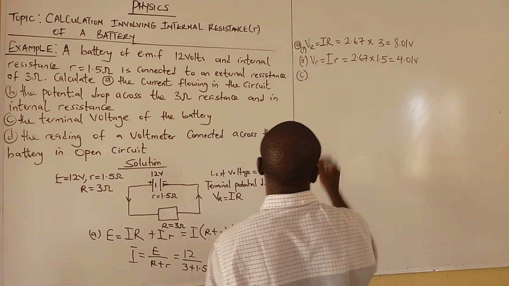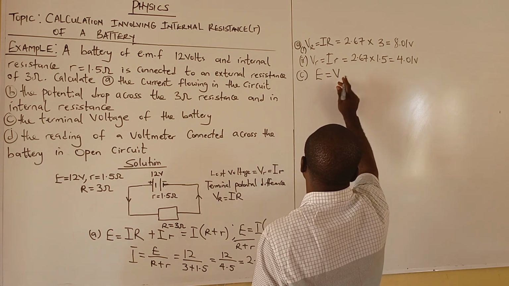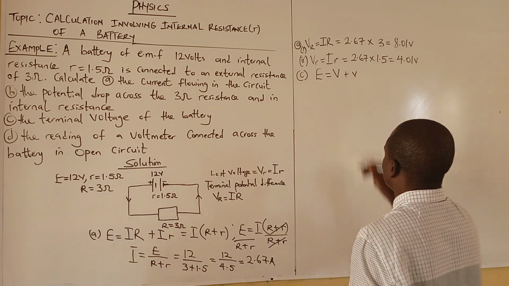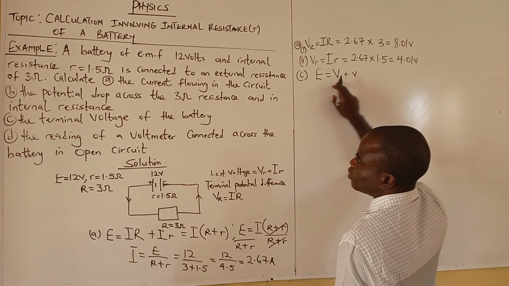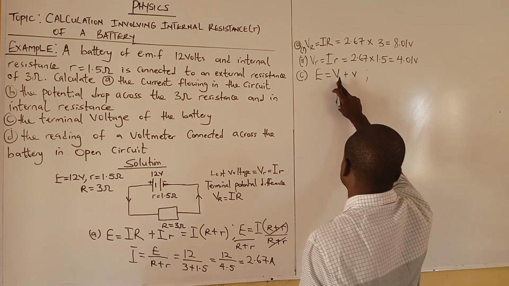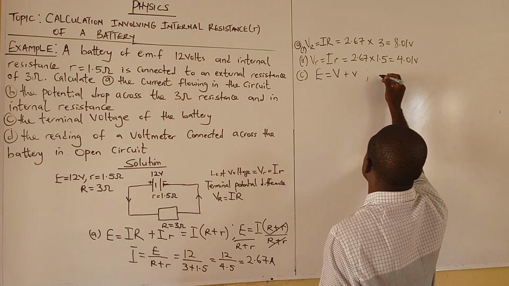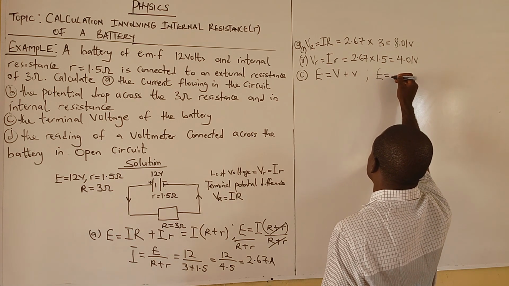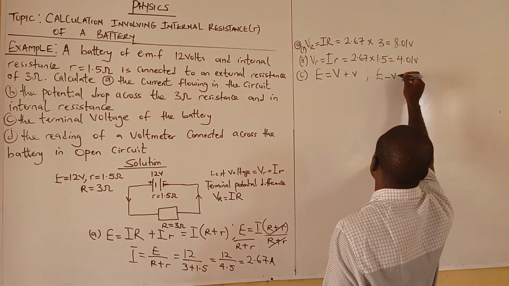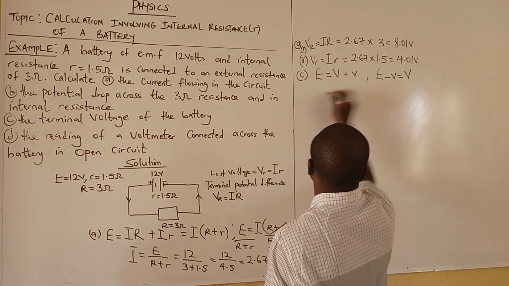And the C part, the terminal voltage of the battery. Don't forget that your EMF equals the terminal potential difference plus the lost voltage. You're asked to look for the terminal potential difference, which is the terminal voltage of the battery. Make the terminal potential difference the subject of the formula: V equals E minus small v, that is, E minus lost voltage.